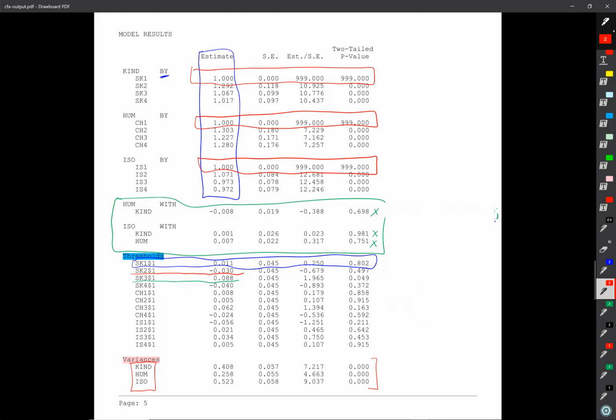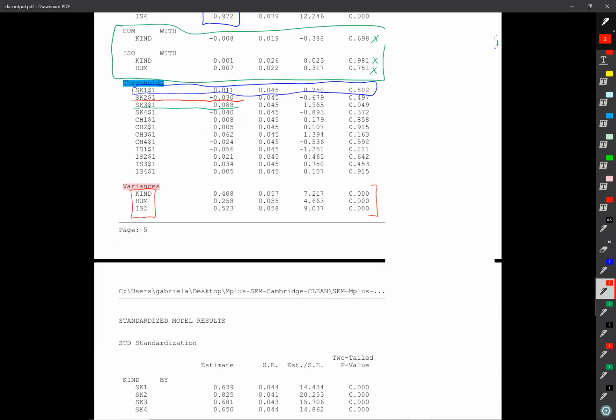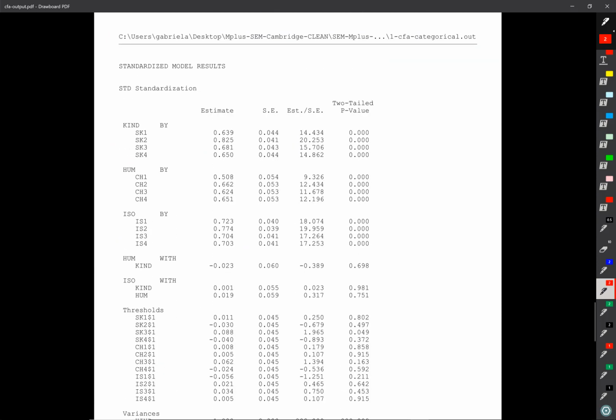Alright, so let's move on and keep scrolling. Underneath we have the standardized results, and here we chose the STD standardization because all of our items were categorical. So now we get to see the standardized results, and they are standardized only by the variance of the factors.